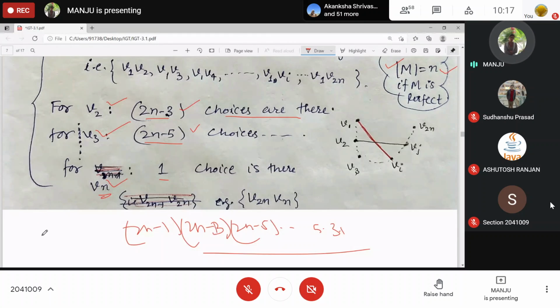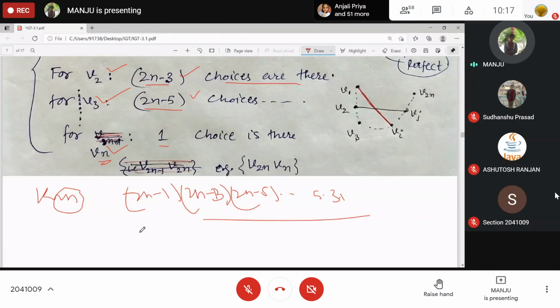Got it? Whatever the order 2n, it is (2n minus 1) into (2n minus 3) into (2n minus 5), and you keep subtracting until you get 1. For example, for K4, how many perfect matchings exist? We have already shown this.